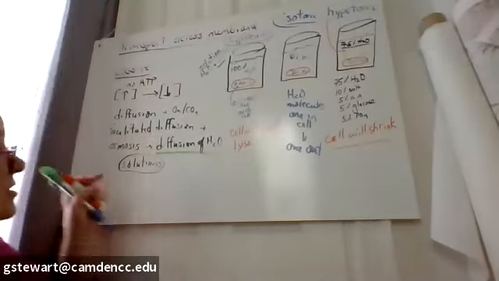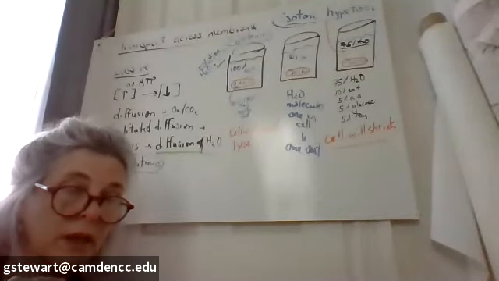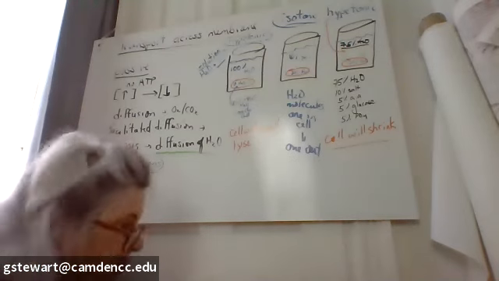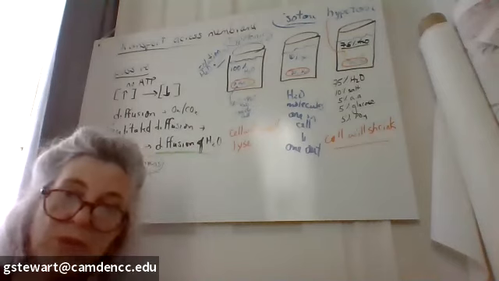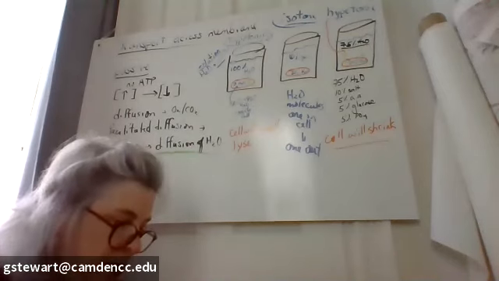These are just for passive transport, right? For active transport, we have all kinds of different things. So we have ion pumps, which were discussed in your book and on the PowerPoints.